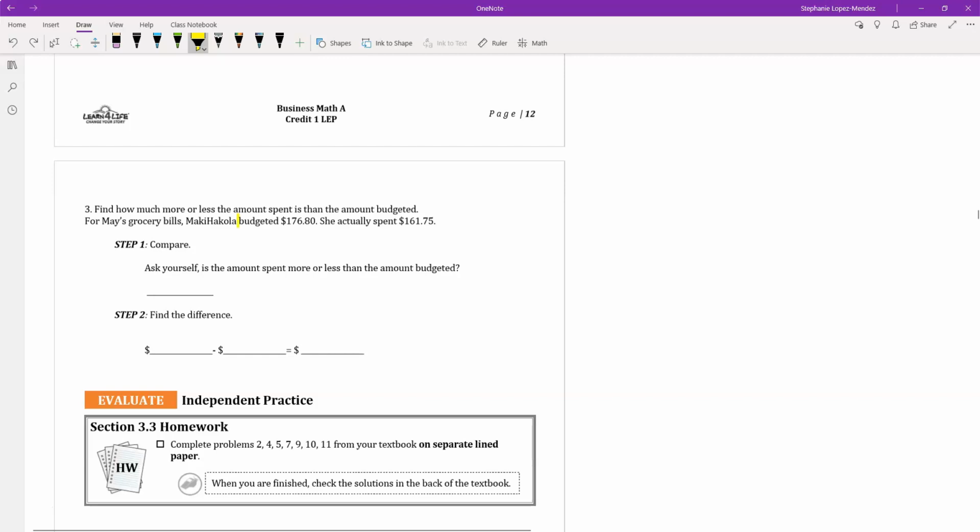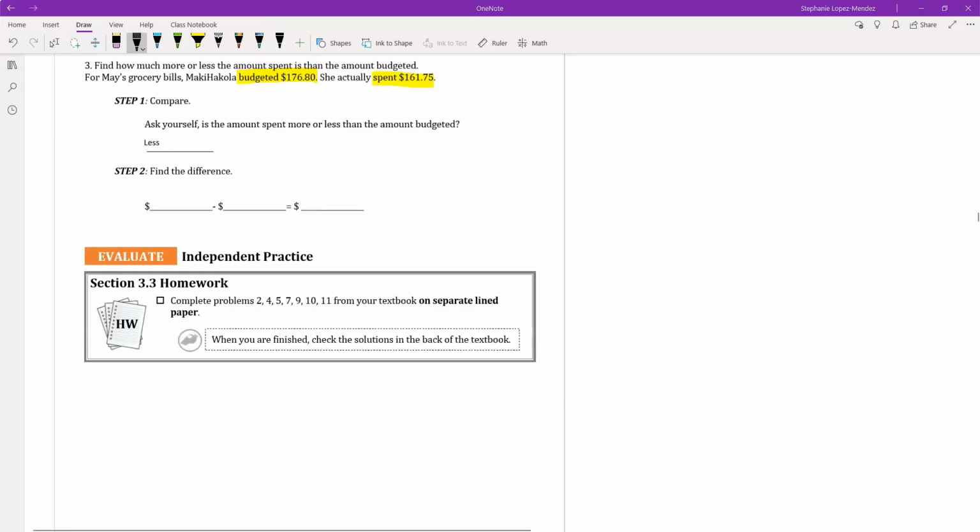So remember, we have a budgeted amount, or what we thought we were going to spend, and what we actually spent. So just by looking at it, I will say that what we spent is definitely less than what we thought we were going to pay.